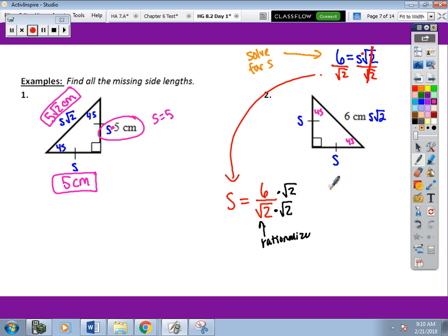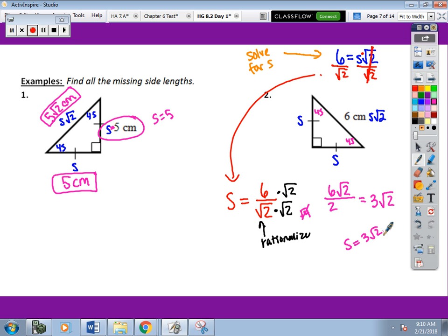So this will get me 6 root 2. Do not make it 12. Square root of 2 times the square root of 2 would be the square root of 4, which then is just 2. And lastly, we can divide those numbers to get 3 root 2. So S is 3 root 2.